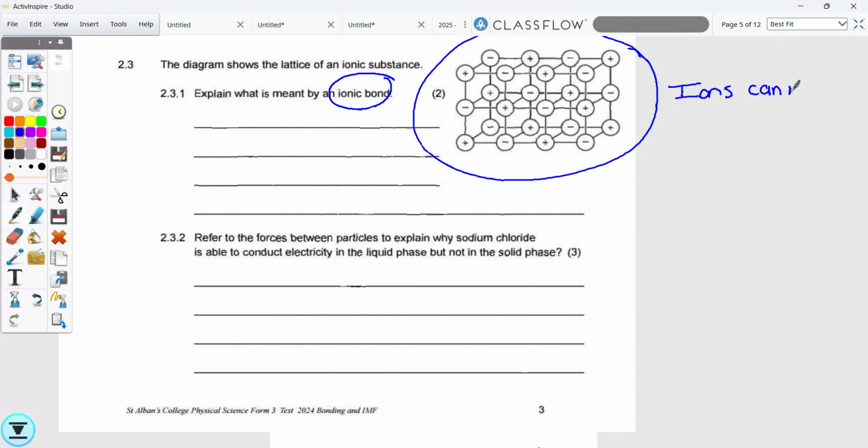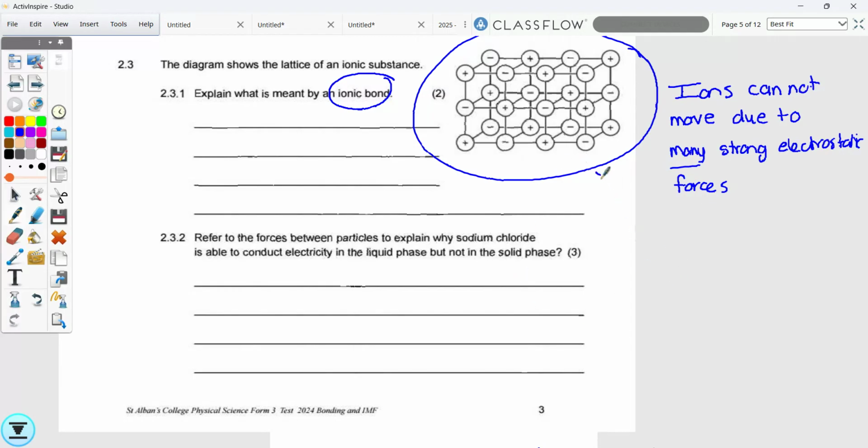Why not? Due to many, please use the word many, strong electrostatic forces. This is super important, guys.